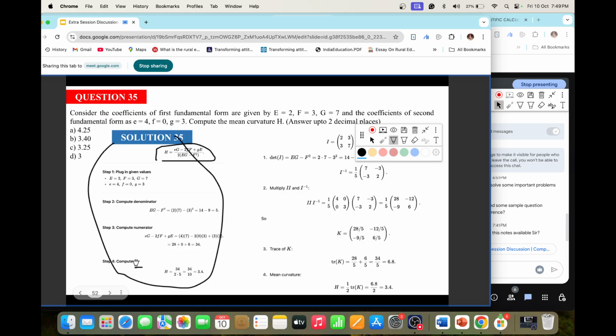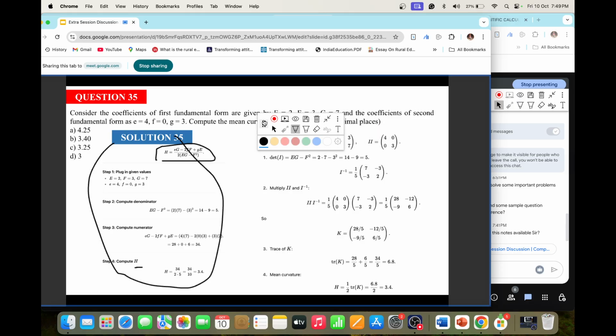Or otherwise, you form this matrix, first calculate the inverse, and then take the trace of it to get the mean curvature.